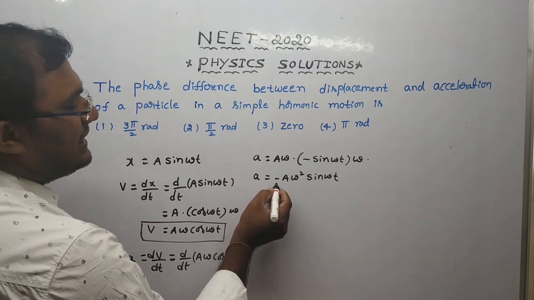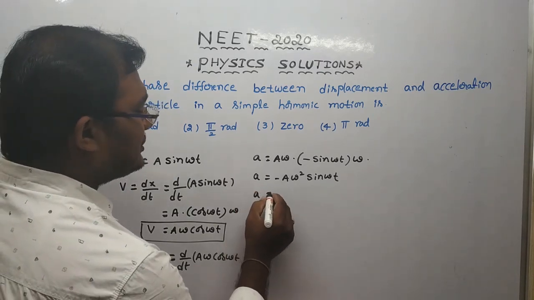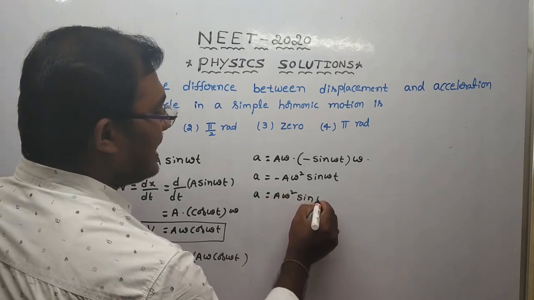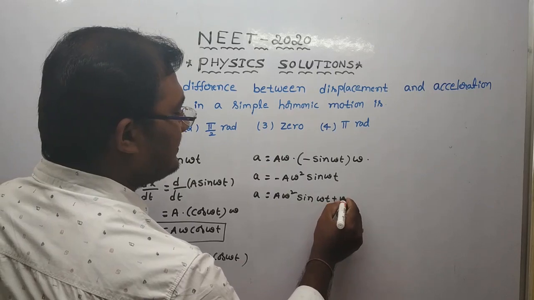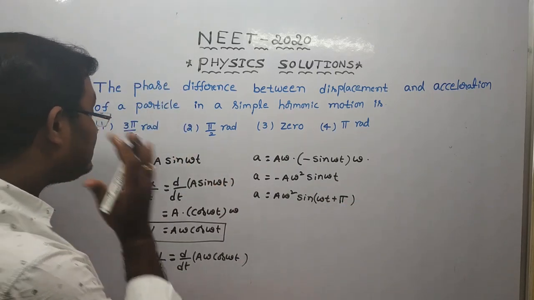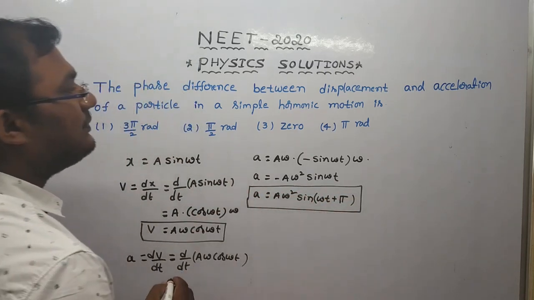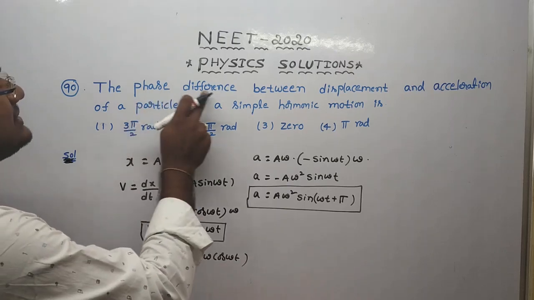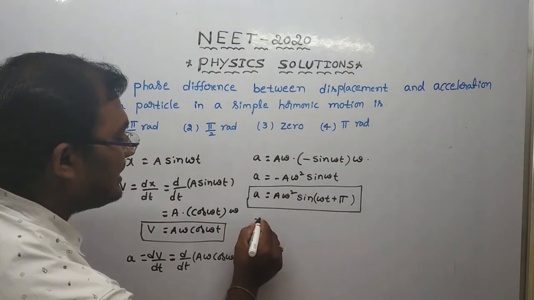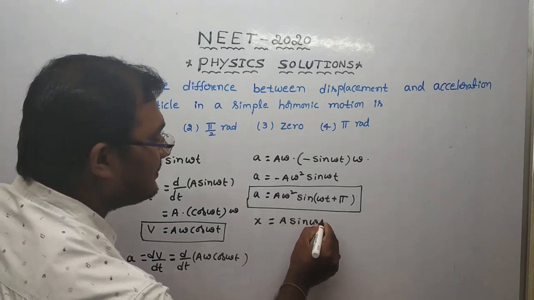Here the minus can be rearranged as a equal to a omega square sin omega t plus pi, which is the expression for the acceleration. Our aim is to calculate the phase difference between the displacement and acceleration. The displacement x equal to a sin omega t.